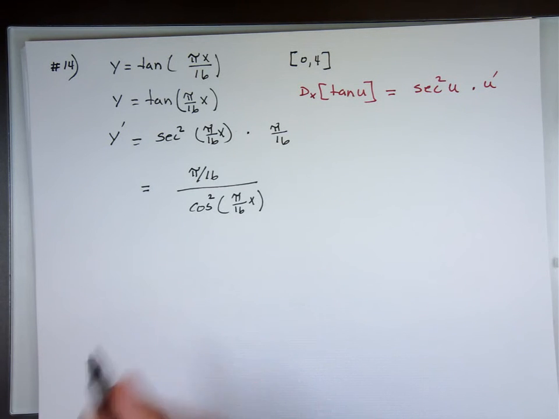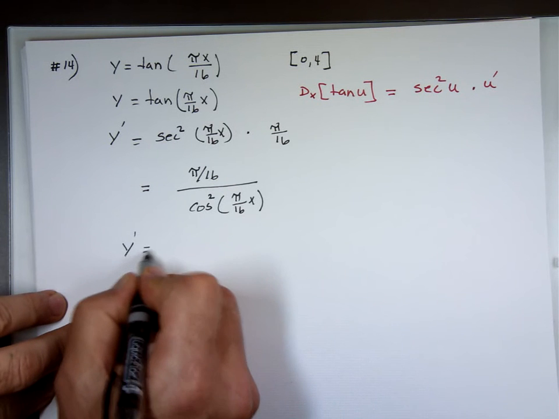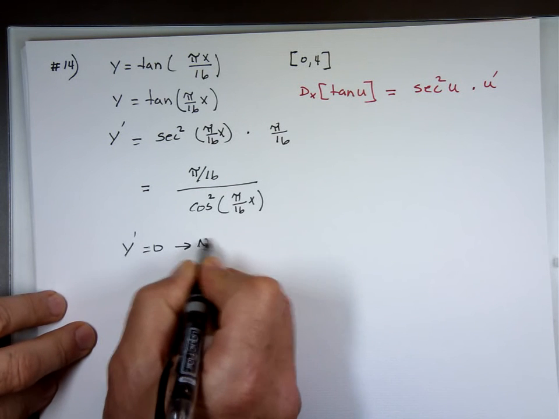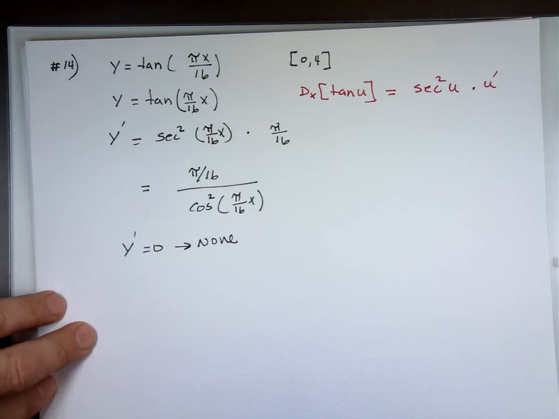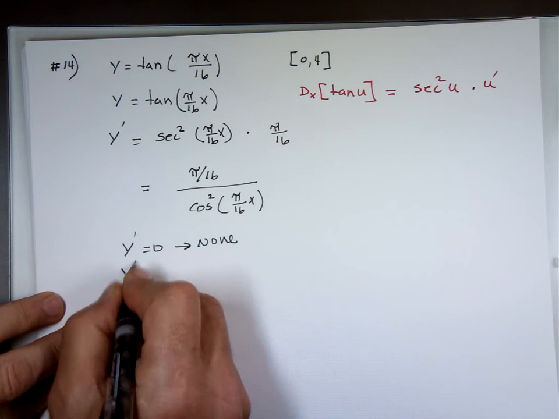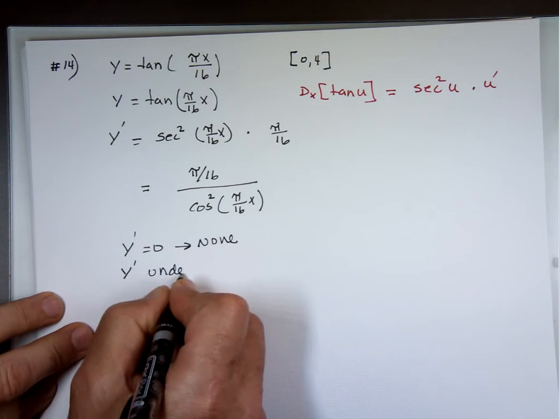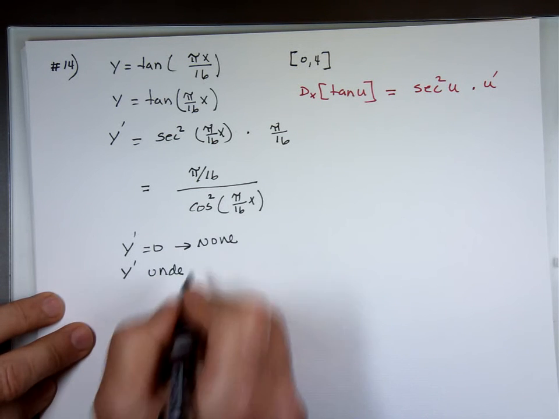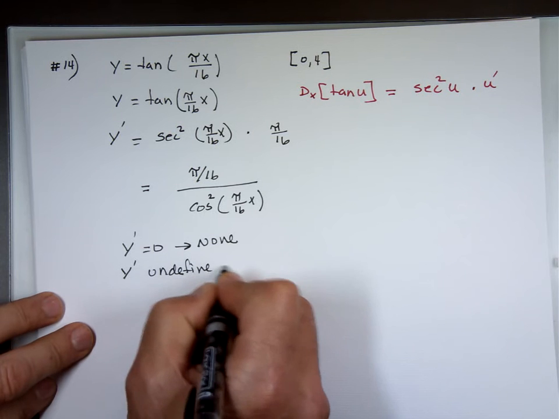Again, when is the derivative equal to 0? None. Same question, absolute min, absolute max. When is the derivative undefined? That's when the bottom is 0.